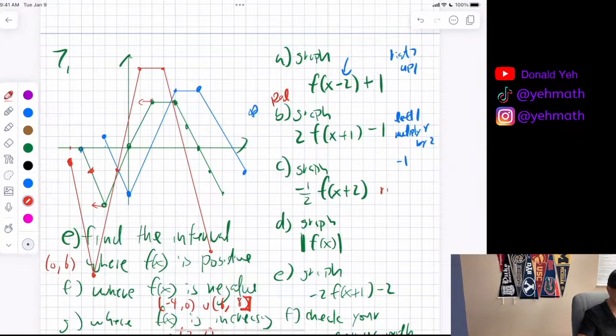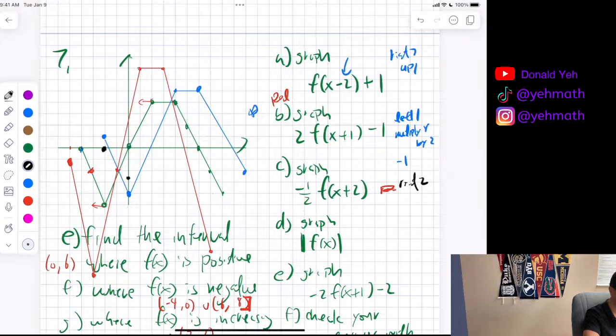This one I'm gonna use maybe black. Move right 2 and multiply by negative half. Move right 2, multiply by half, it's gonna be here. And move right 2 and multiply by negative half.